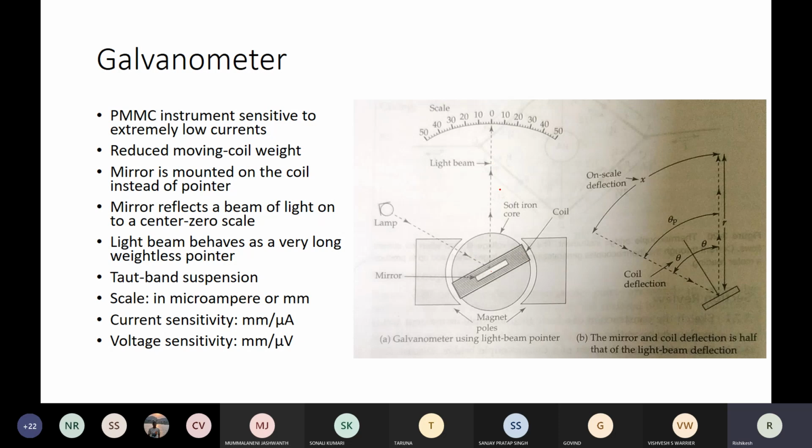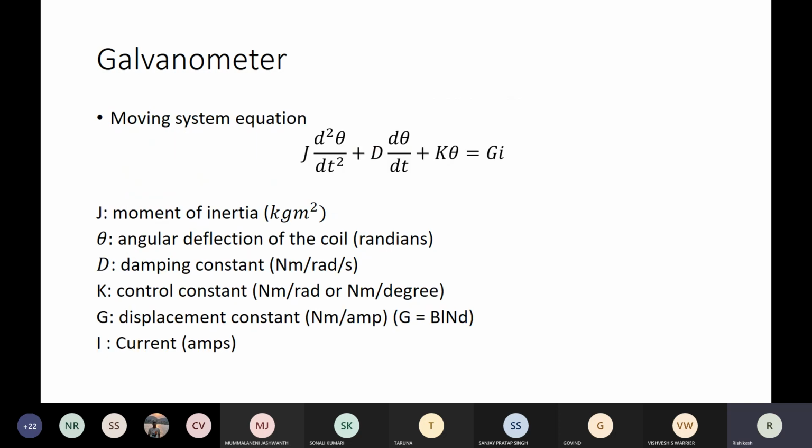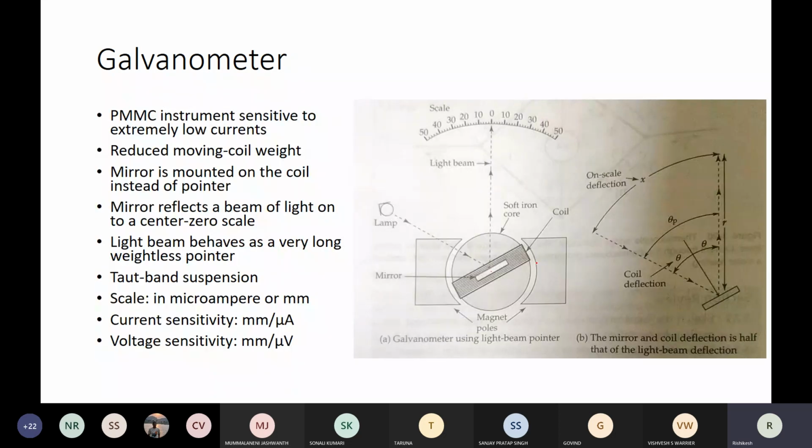One can look at some examples associated with this. It is important from that perspective. I will note down here for your reference that theta p is twice the value of theta, which is nothing but x by r.